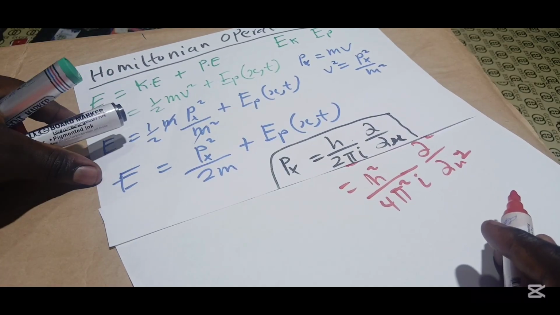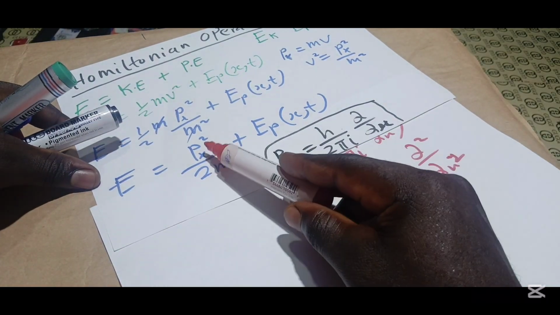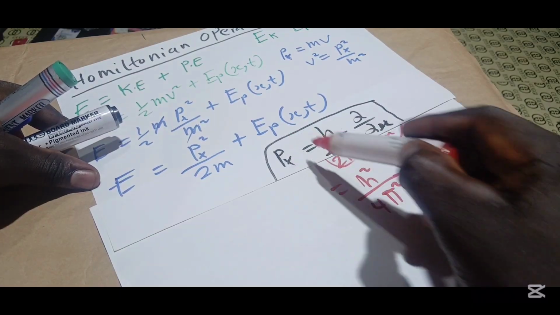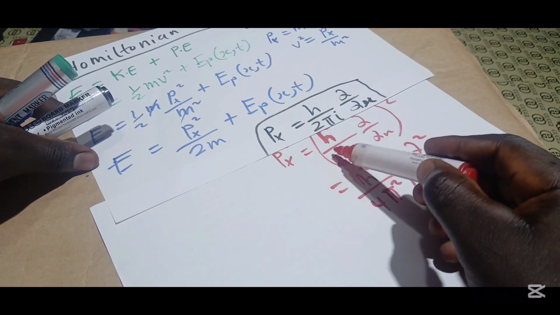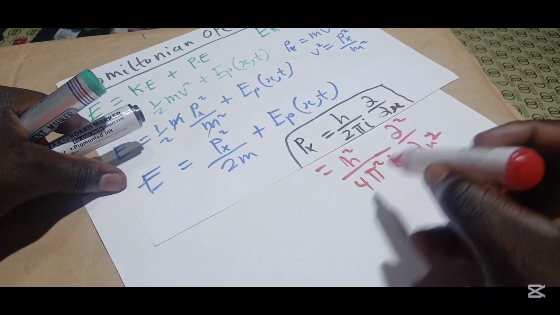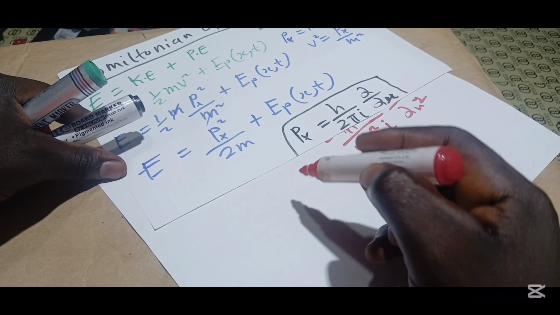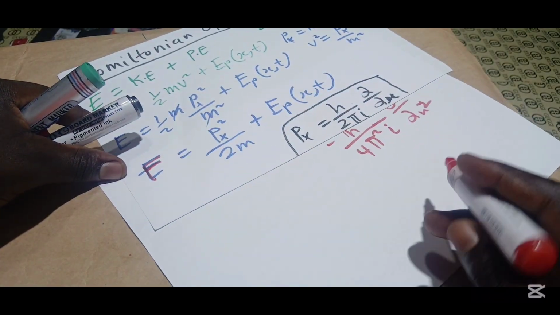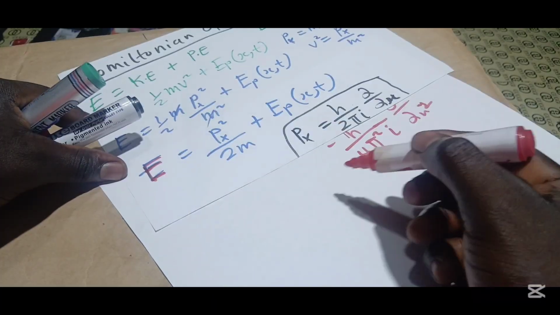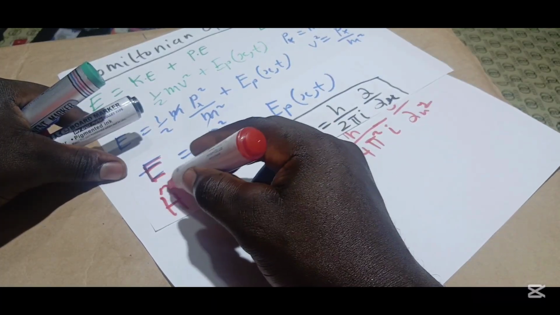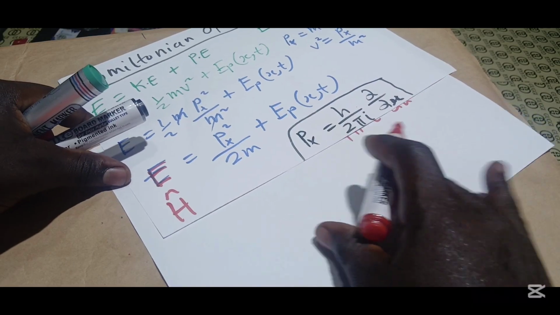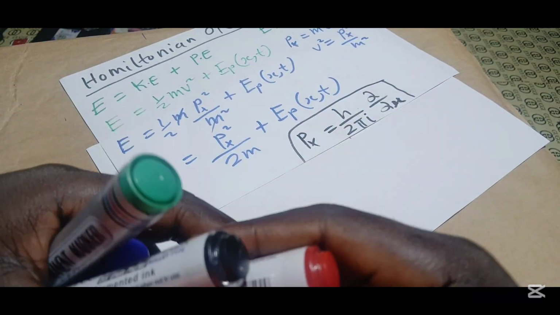So we can now go ahead and replace this px squared, the momentum term here, by the square of the momentum operator, right? Now, in the quantum realm, we are not going to call our Hamiltonian E, we are going to call it H hat. This is what represents our Hamiltonian operator.